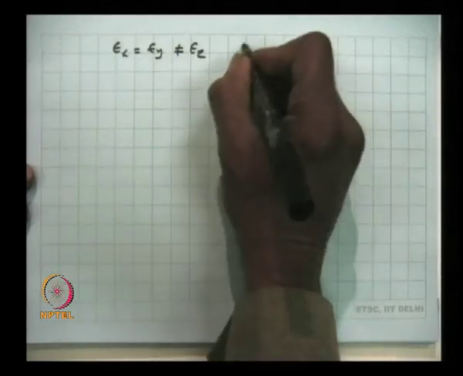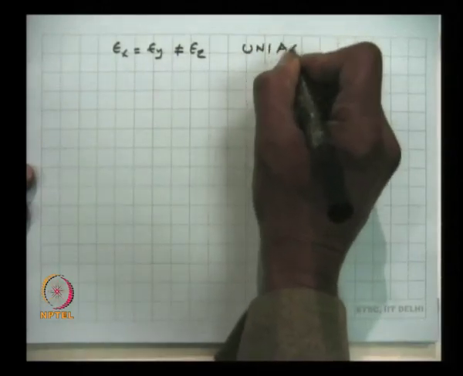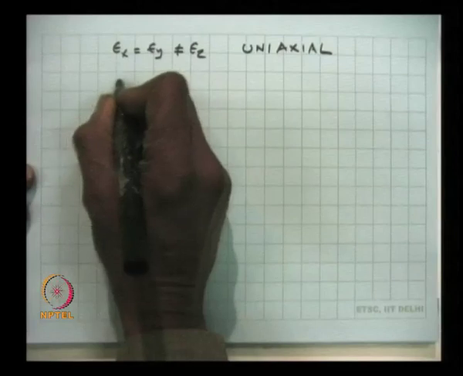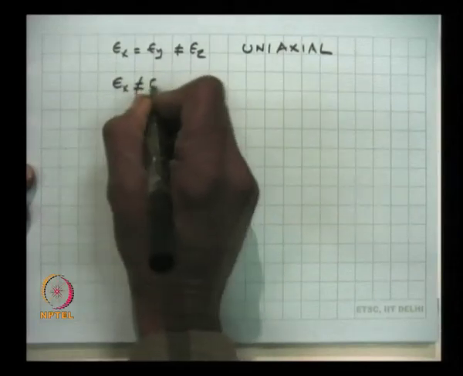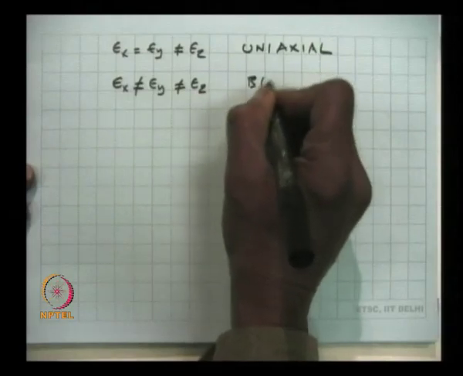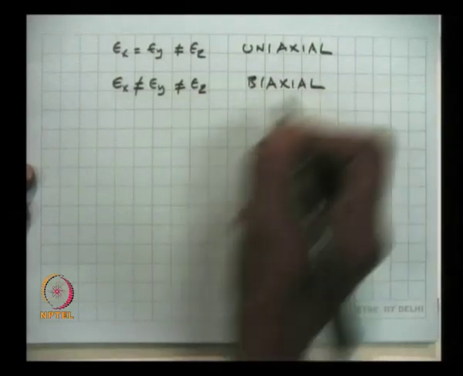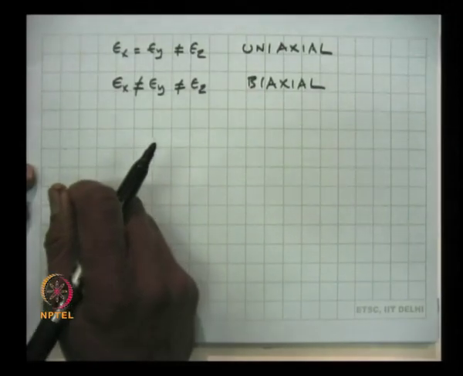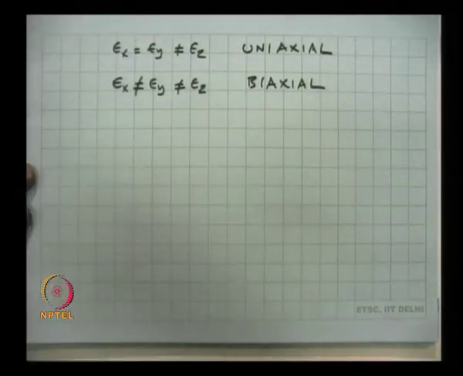This is uniaxial, and there are biaxial media in which epsilon x is not equal to epsilon y is not equal to epsilon z. And if all the three are equal, then it is isotropic.